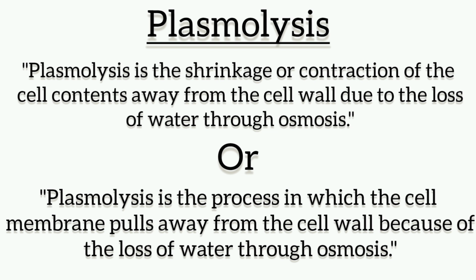The water moves out of the cell into the surrounding media. So we can define plasmolysis as the shrinkage or contraction of the cell contents away from the cell wall due to the loss of water through osmosis when placed in hypertonic solution. Or plasmolysis is the process in which the cell membrane pulls away from the cell wall because of the loss of water through osmosis.